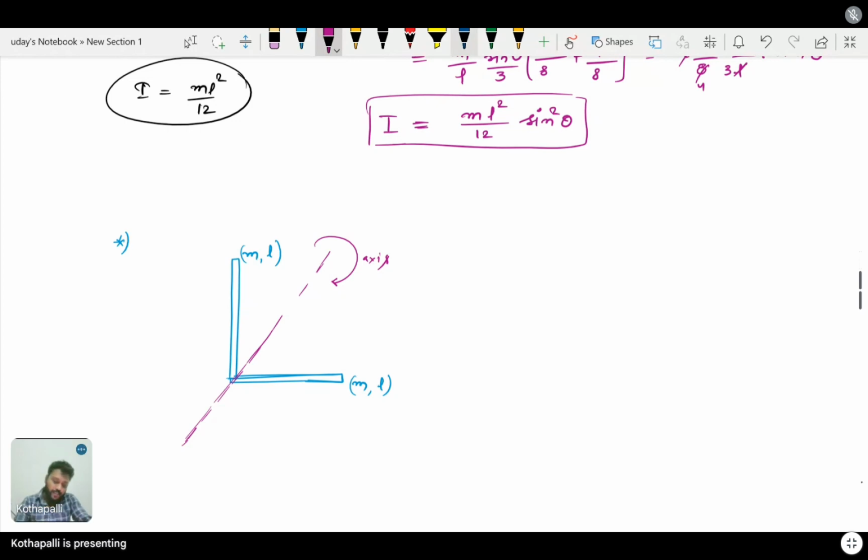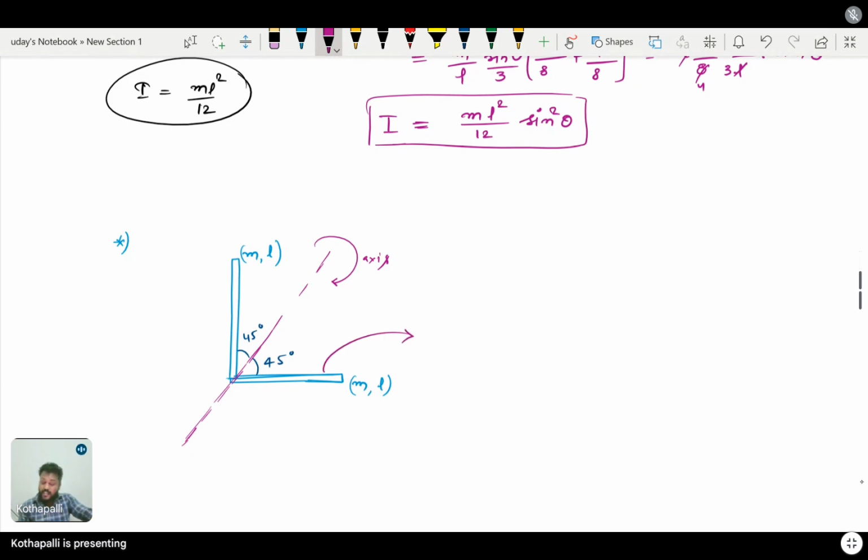See, obviously, how much will this angle be? 45 degrees, because both are of the same length, so it makes a square. Which means this angle will be the angle of the diagonal, which is 45 degrees, and at the same time this will be 45 degrees. Now think like this: the axis for this rod is passing through its end and making an angle of 45 degrees.